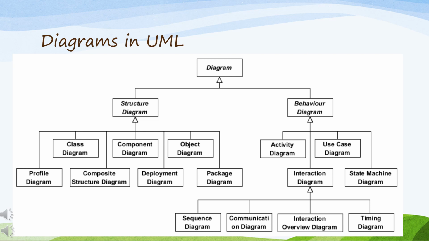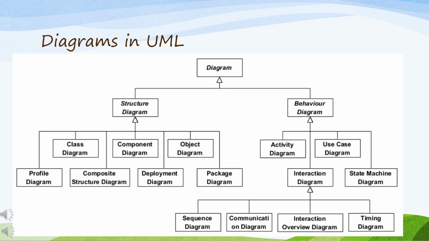Okay, there are 13 diagrams in UML. The diagrams can be divided into two types, either structure or behavior diagrams. Structure diagrams show the static structure of the system and its parts on different abstraction and implementation levels and how they are related to each other.